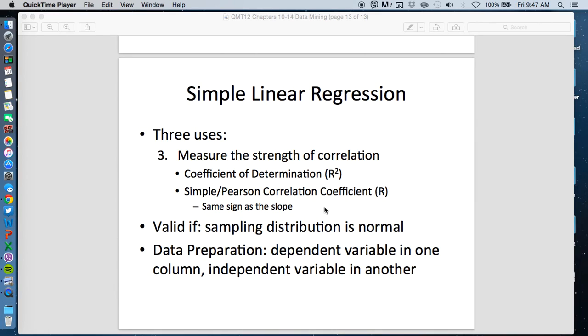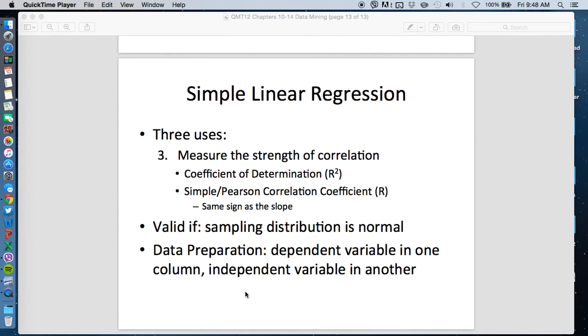Now, to test if the simple linear regression will be valid, a simple way to do that is to just ensure that your sampling distribution is normal. Meaning you have at least 30 pairs for the values of x and y. And similar to ANOVA, there are actually a lot of assumptions for simple linear regression, and we will discuss later how to test if the assumptions are satisfied for us to be able to make the necessary interpretations.